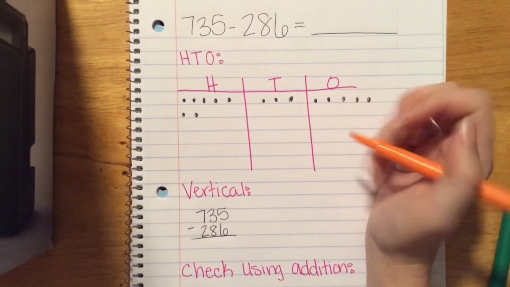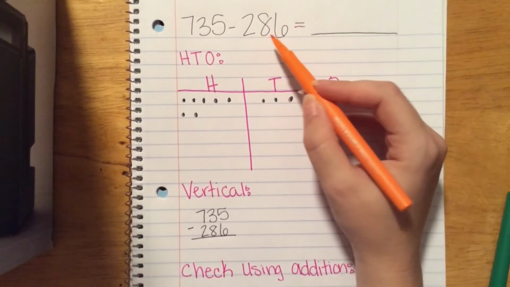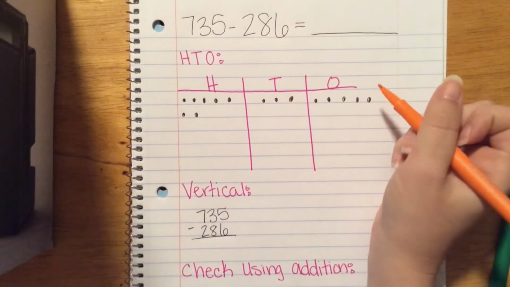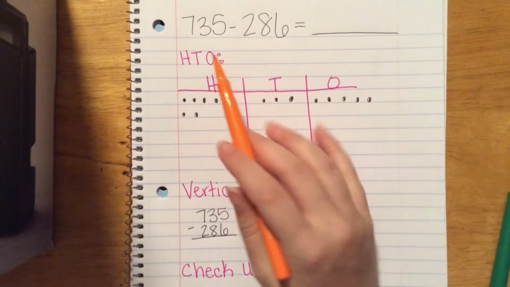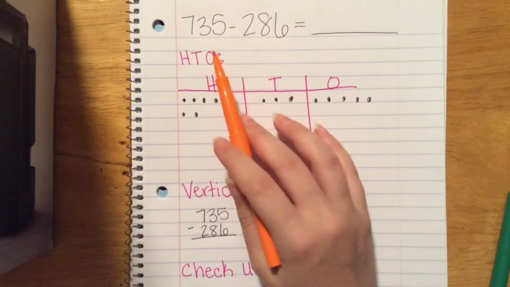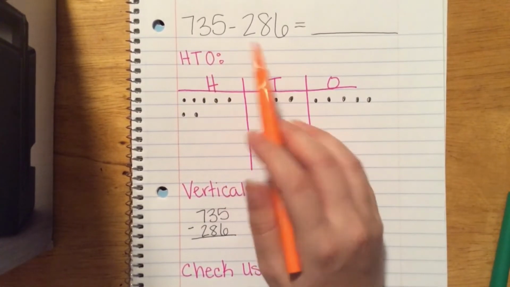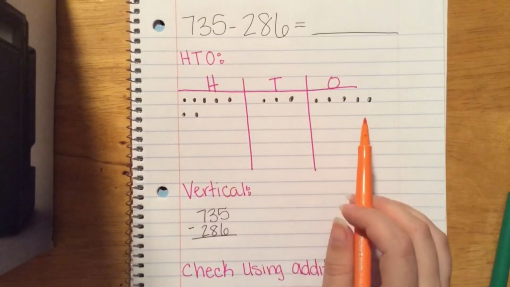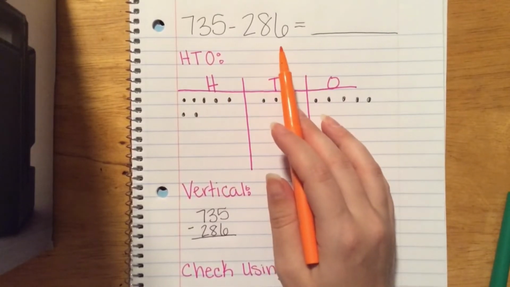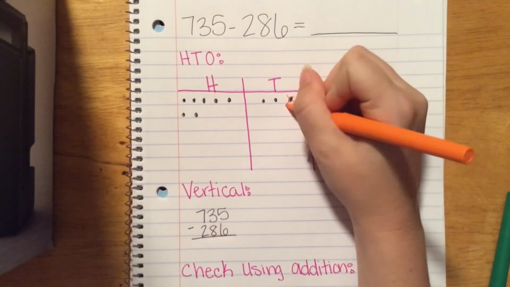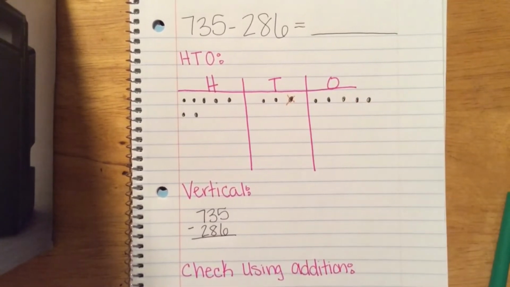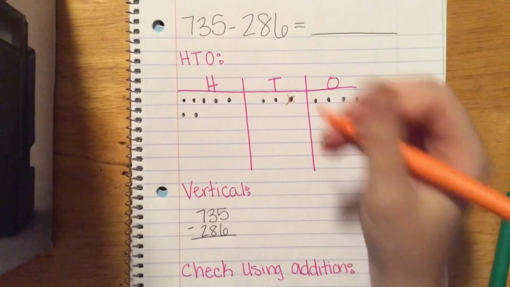So for our subtraction, we want to subtract 286, and we always start in our ones place. If you look at our 2 numbers here, I can already tell you we're going to run into a problem. We have 5 ones to start with, and we need to subtract 6 ones. Since we don't have enough ones to subtract, we're going to decompose or break a 10 to get more ones.